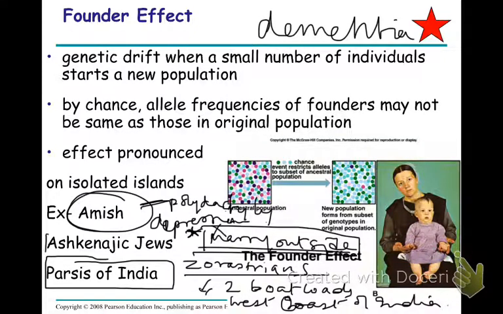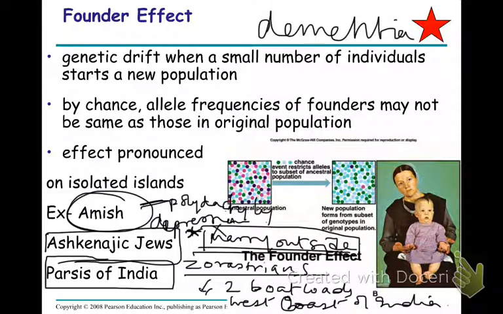Another example is the Ashkenazi Jews in Eastern Europe. Again, they were cut off from the rest of the world till recently, before air travel and global travel became possible. They were marrying only amongst themselves.